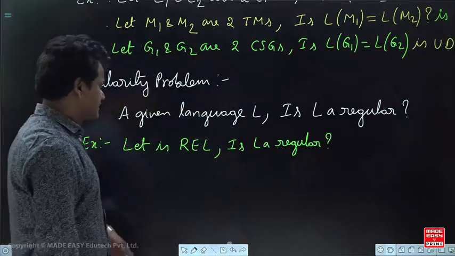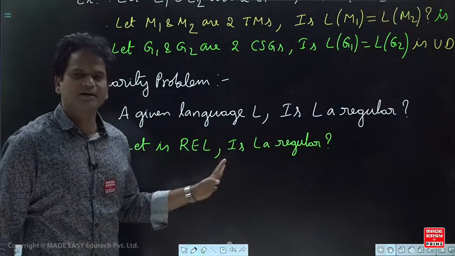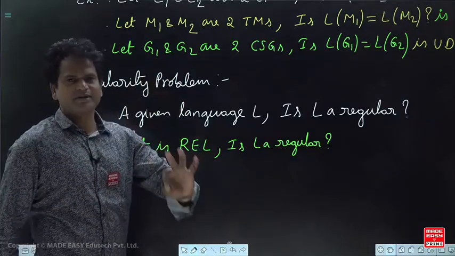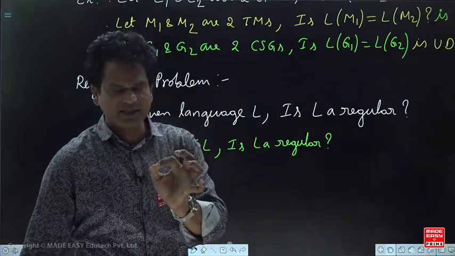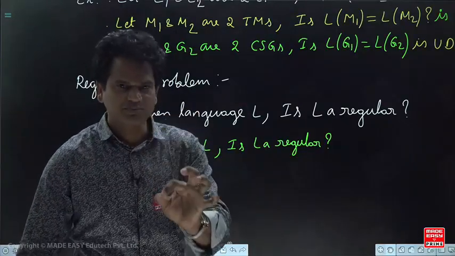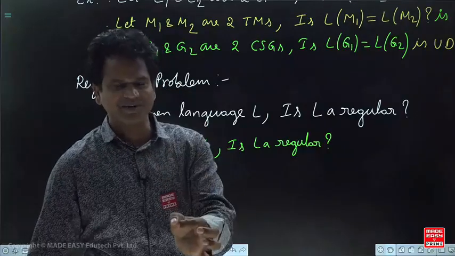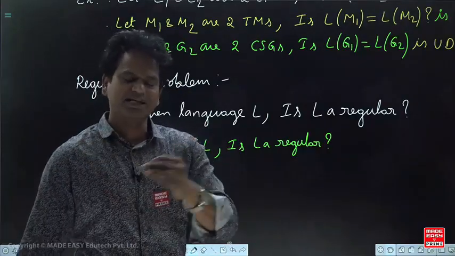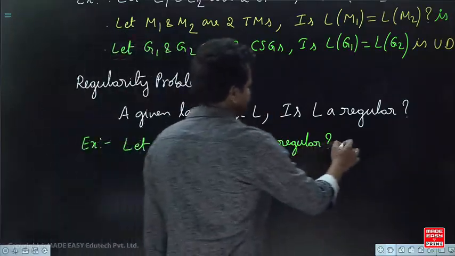See, guys, REL is undecidable everywhere. Remember, guys, any question on decidability on Turing machines, REL and unrestricted grammar, blindly you say undecidable. So L is REL, is L regular? Undecidable.